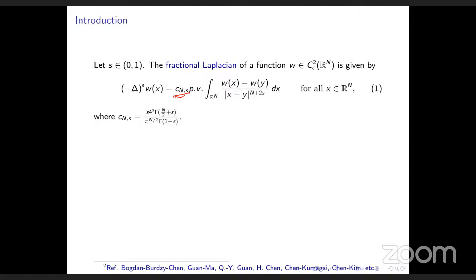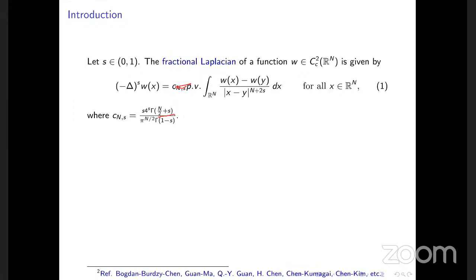Using the Fourier transform or these integral equations, we see the gamma function and the term 1 minus s. If s converges to 1, we recover the classical Laplacian. This is important, and somehow this operator provides a limit for the classical Laplacian.